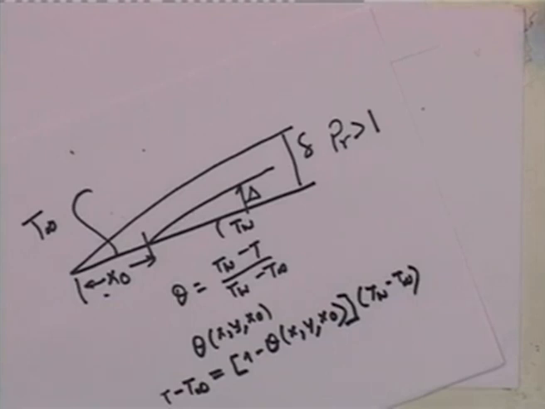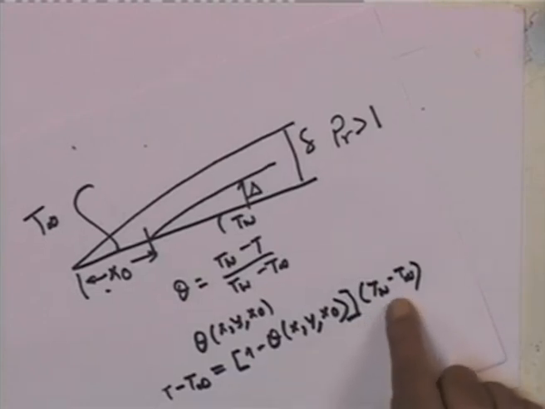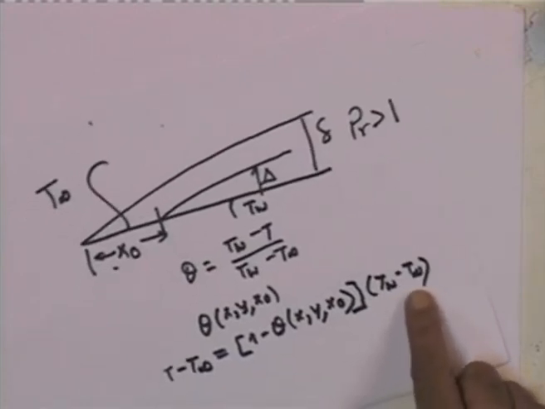Now, we want to capture the effect of variation of Tw minus T infinity. Now, in reality, Tw can change abruptly like a step change, or it can change in a continuous manner. Both are possible.